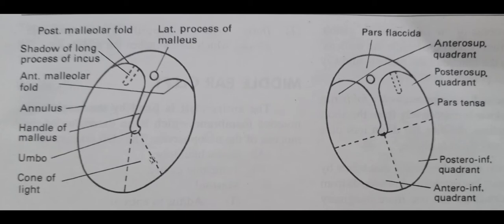The pars tensa will show the vertical handle of the malleus, which is yellowish in color, and the handle passes downwards and backwards from the short process to the umbo, at the center of the drum. This one is the umbo.